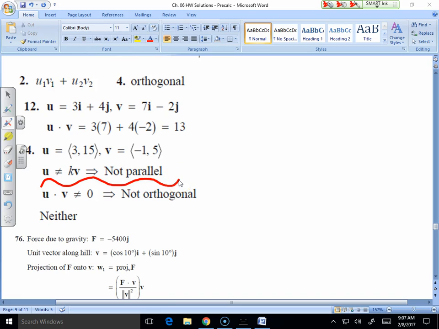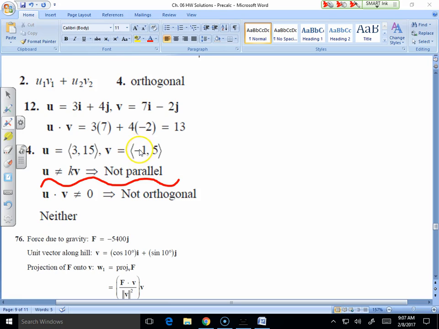To be parallel, one has to be a positive multiple of the other, meaning U has to equal 3V, 2V, 5V, 10V, 6V, a positive constant times V. Now, if we did multiply V times 3, we would get a 3 and a 15, but what else would we get?